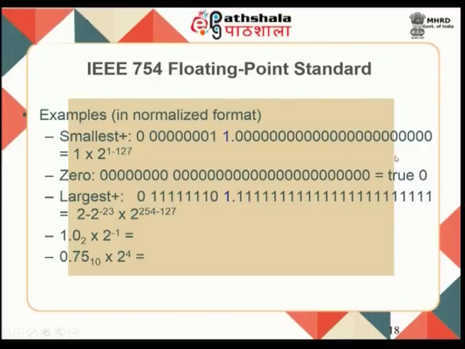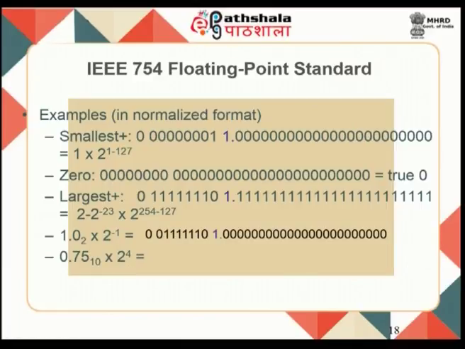Similarly, this is the representation for 0, and the largest value is represented by this, where you have a positive number. This is the biased exponent value, and this is 1 point followed by all ones. Similarly, if you have to represent anything else, you can always find out what it represents.